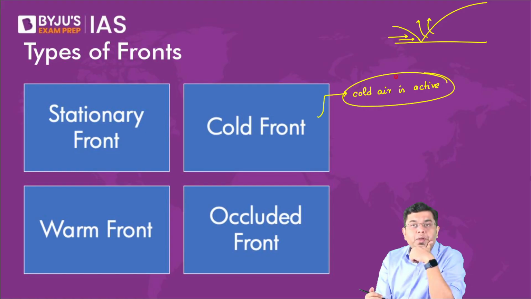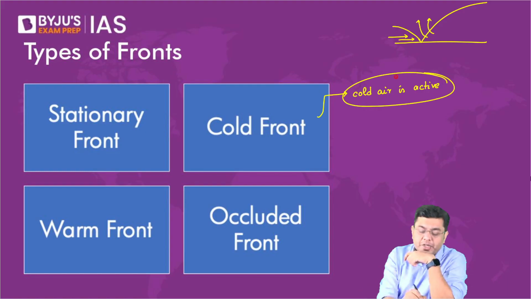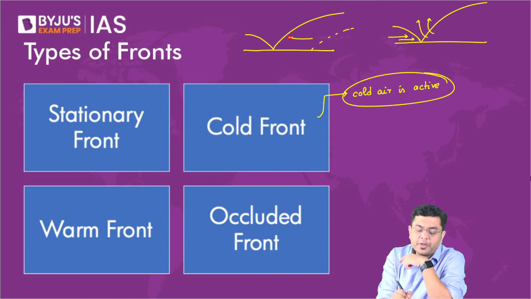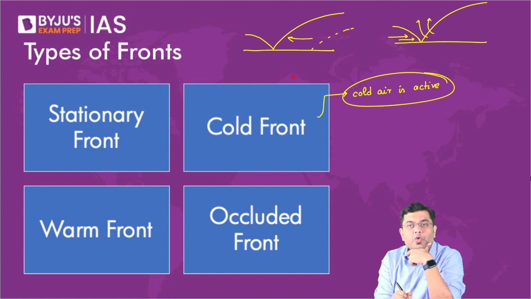Now, what happens in the other condition? Let's suppose you have cold air which has reached here, and warm air which is continuously pushing in, and then the warm air is further moving into the region of the cold air. What will happen in that case? Will the cold air be pushed up or will the warm air rise up?